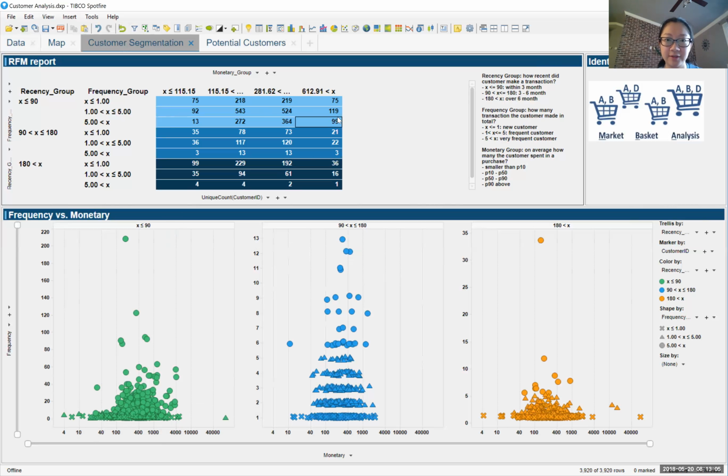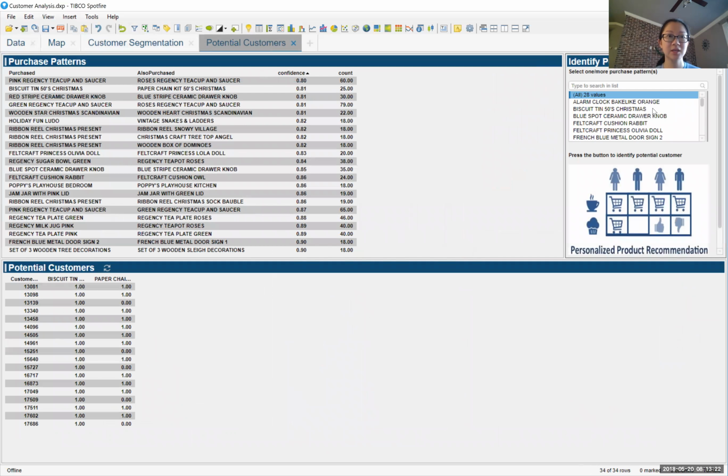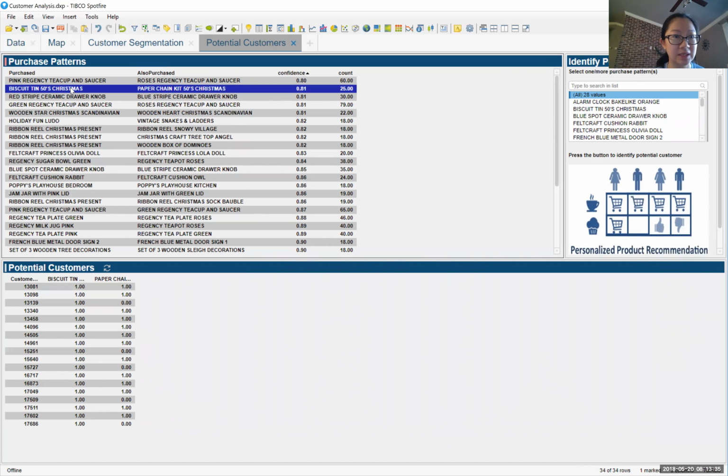Here we can further see, for example, I want to focus on customers within 3 months. For this particular 3 months, there are very frequent customer groups spending a lot of money. Let's run a market basket analysis. This is my market basket analysis rules, which explain that if the customers purchase something, for this example biscuits tin 50s Christmas, they also purchase something called paper chain kit 50s Christmas.